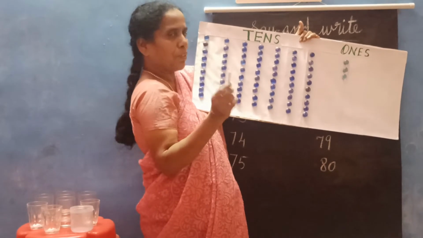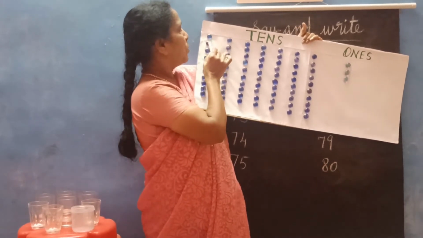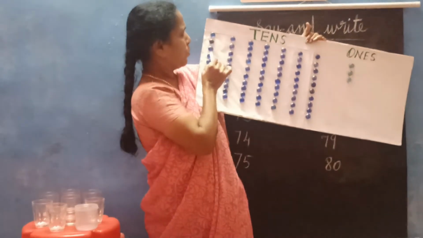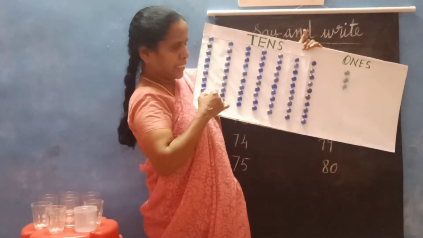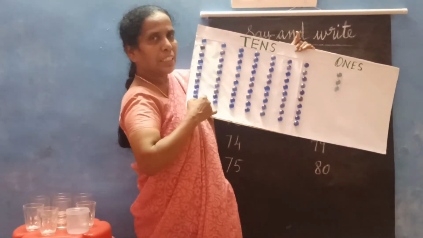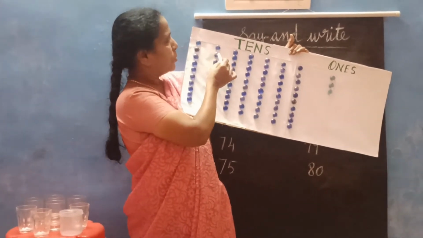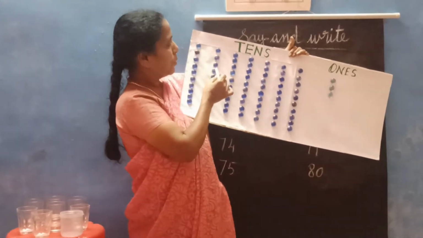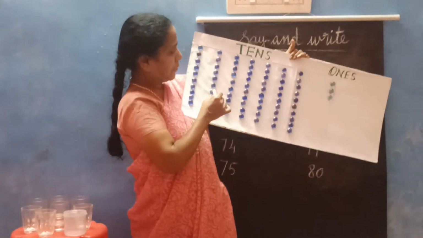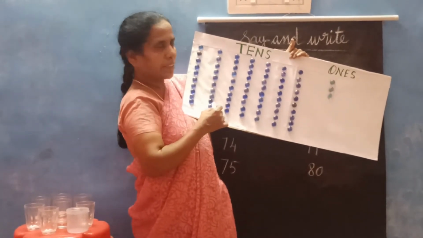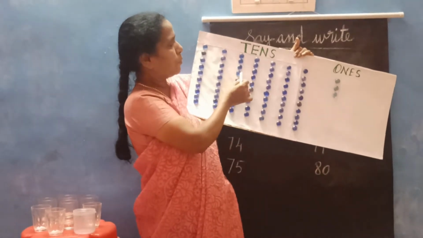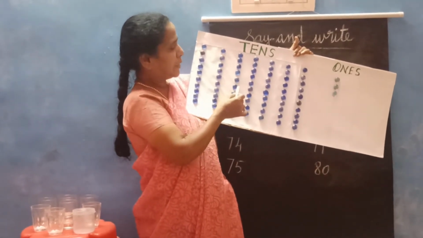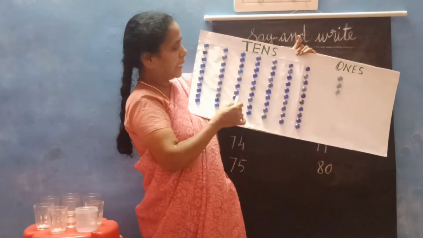If you are having doubt, we'll count again. 1, 2, 3, 4, 5, 6, 7, 8, 9, 10. How many marbles are here? 10. Again, 1 to 10. Here also 10. Here also 10.